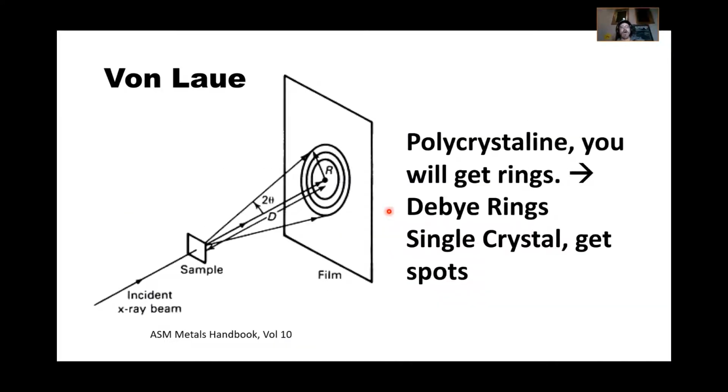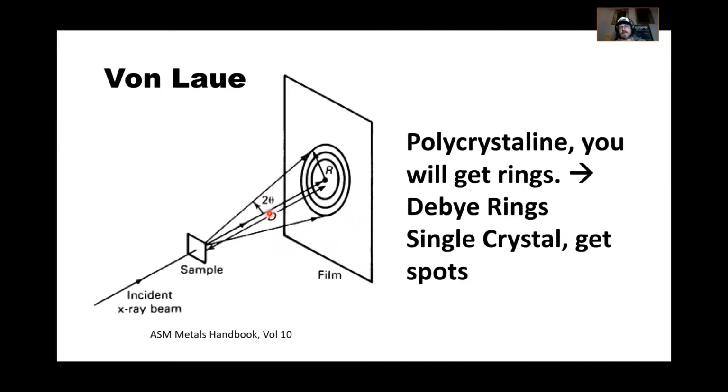Von Laue. We saw this in the previous lecture, and I didn't go into great detail. I did talk about calculating theta from R over D, but by convention, you always have to remember that the angle between your incident beam, or in this case your transmitted beam, which is parallel with your incident beam, and your diffracted beam is always 2 theta.